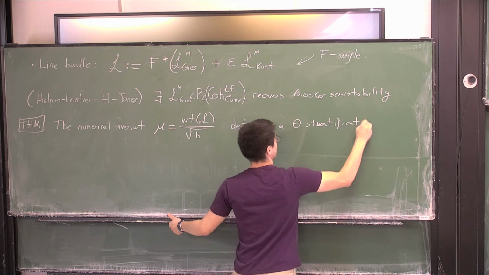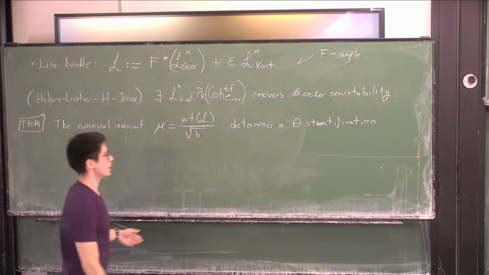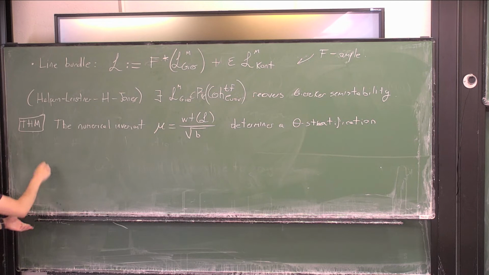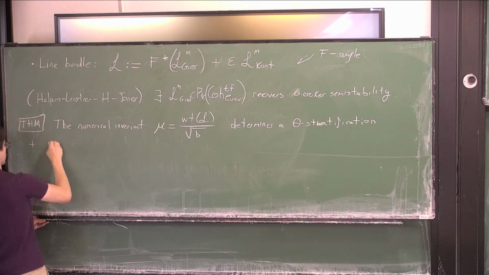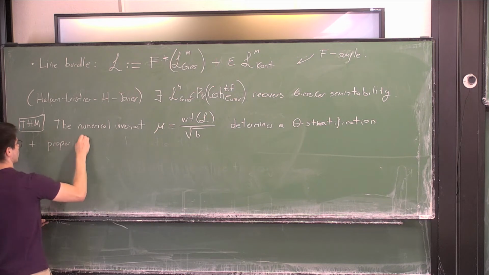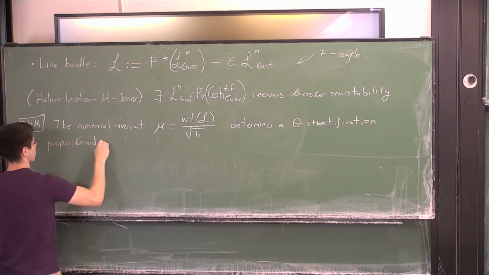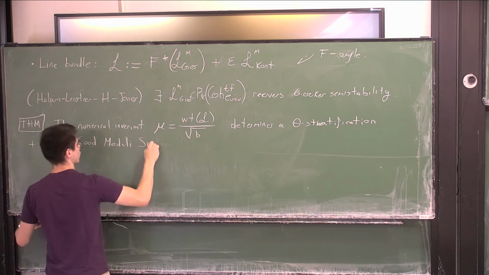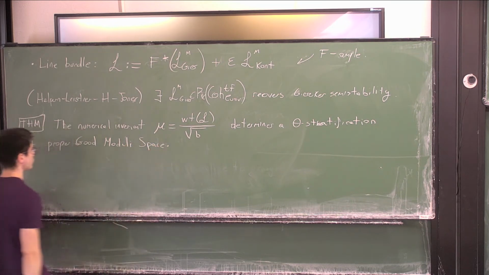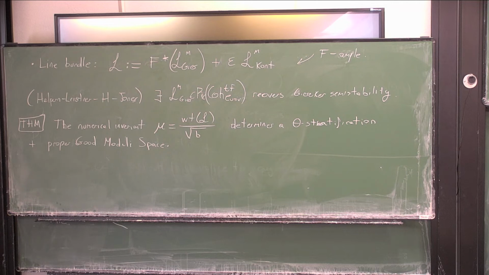So you have Harder-Narasimhan theory for this enhanced moduli problem, plus you get a proper good moduli space, which is still flat over the Gieseker moduli space and satisfies some nice conditions. Okay, so these are kind of the main theorems for vector bundles.